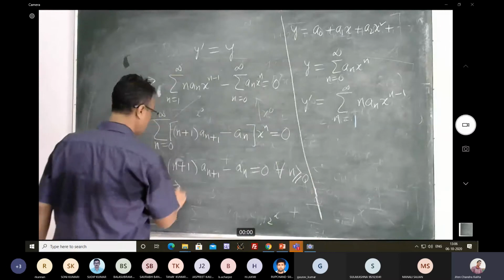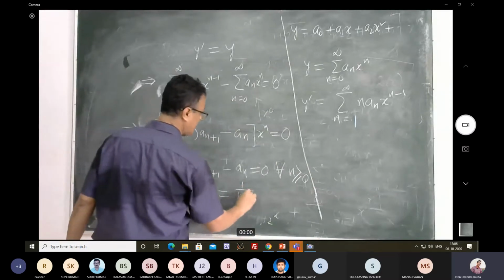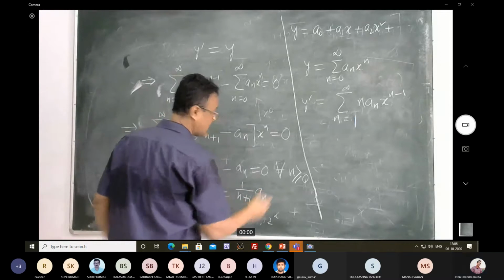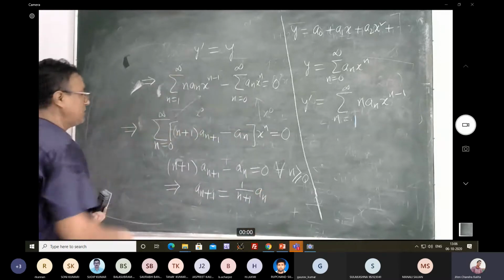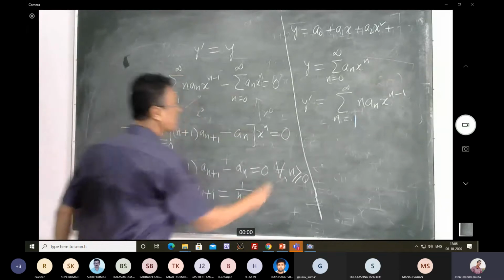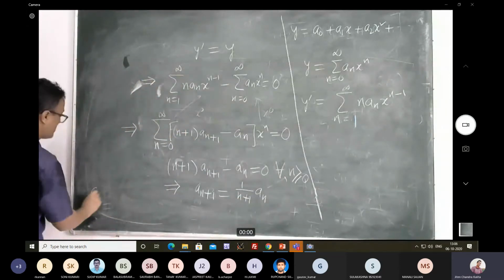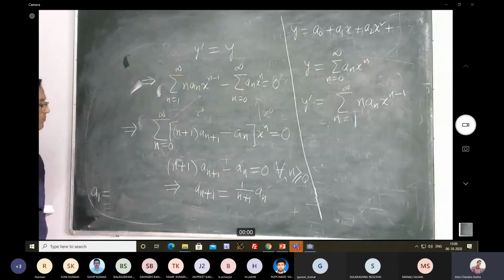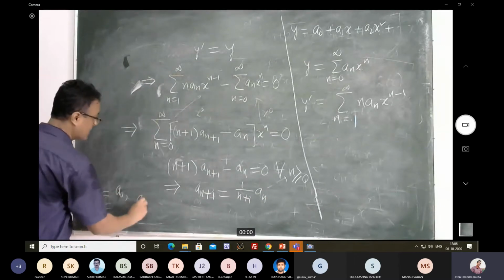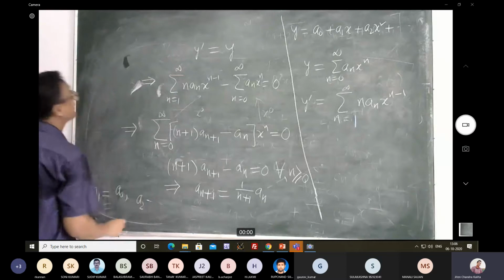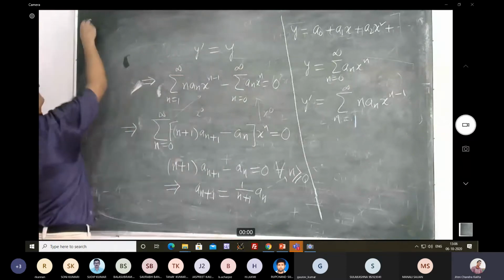That gives you a recurrence formula. Then if you plug in n equal to 0, 1, 2, etc., n equal to 0 gives you a1 equal to a0, then a2, maybe I'll write it here.